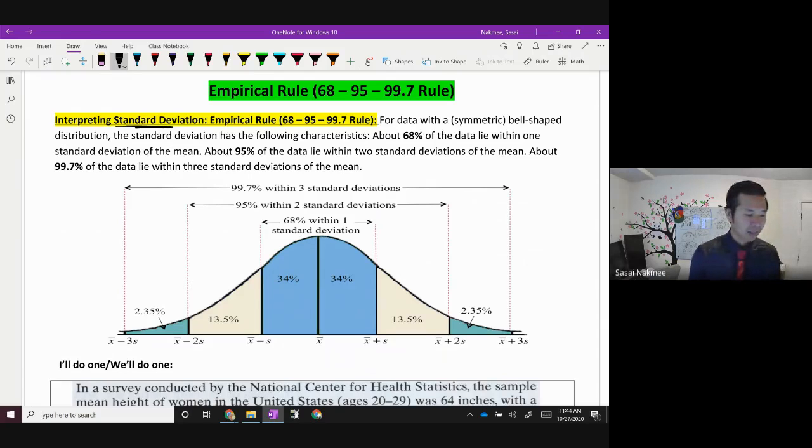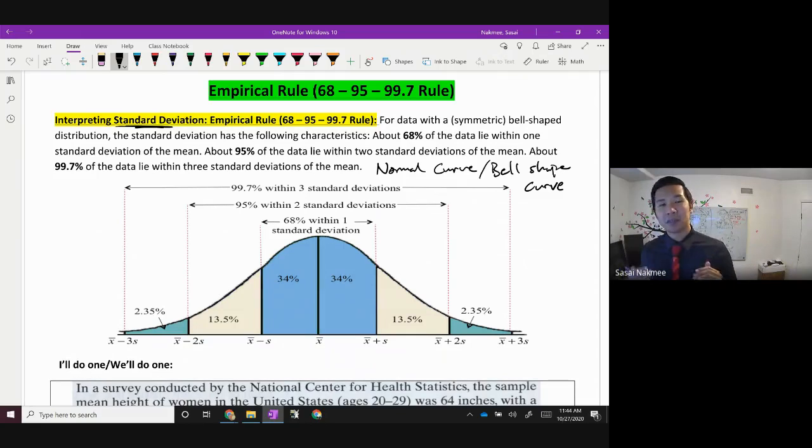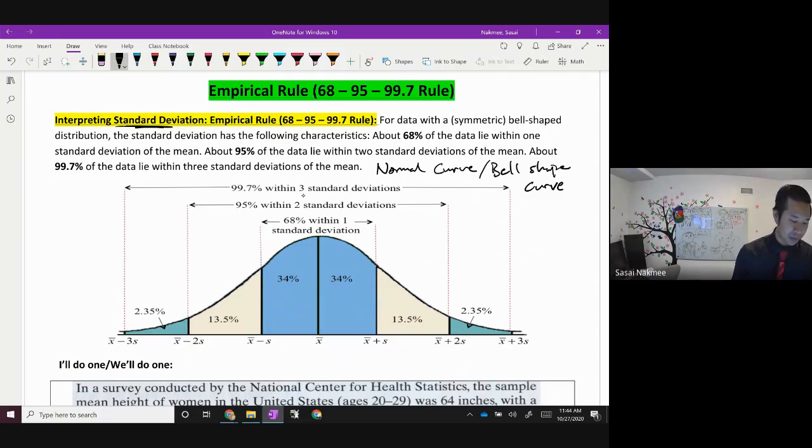If not, that's the most common thing that they call it: the normal curve, or bell-shaped curve. In the bell-shaped curve, you can actually calculate or estimate the number of people who are within a specific range. And they estimate it with these percentages.